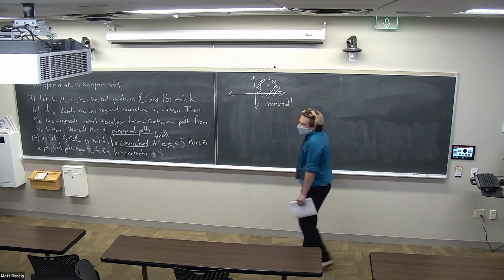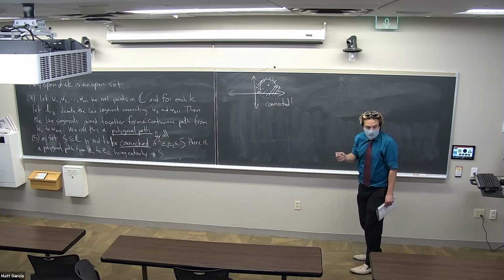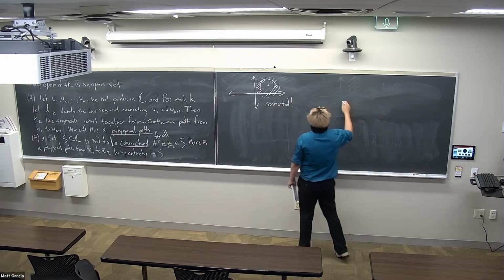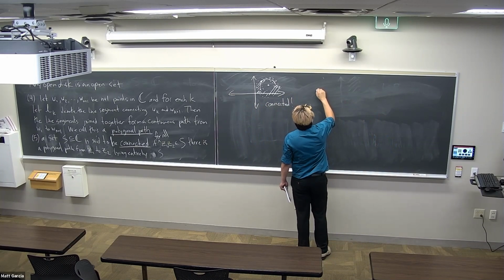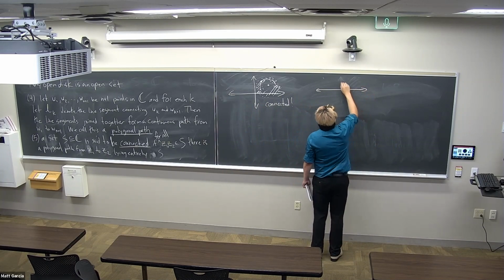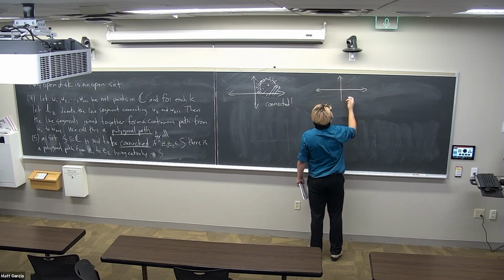Let's look at an example of a set which is not connected in the plane. So, I'll make a drawing first.